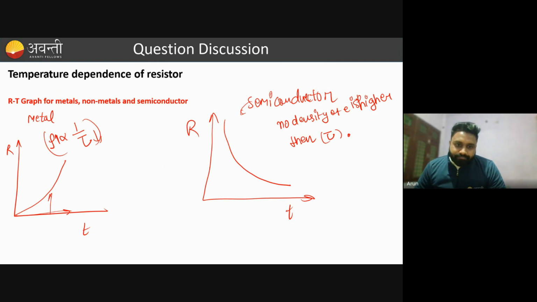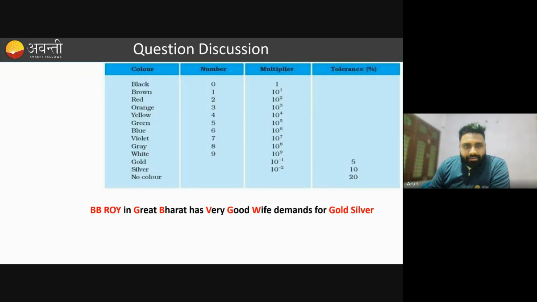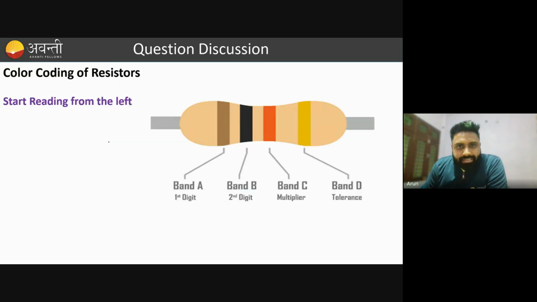Got it? Now, color coding. This is a very simple topic, and you can expect one numerical from this. I have made an abbreviation for you. There are colors in this, and you have to start reading from left to right.